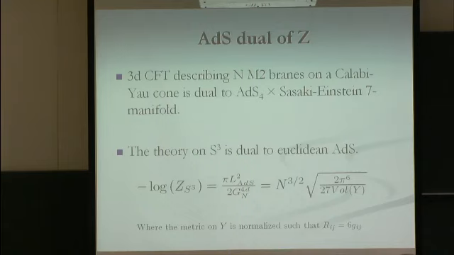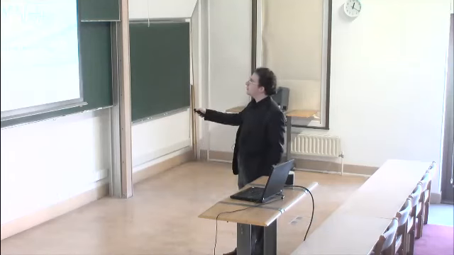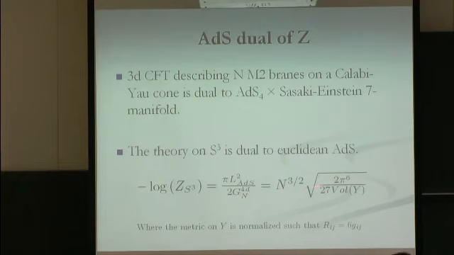And as I said before, the log of the S3 partition function is this simple expression, and you can calculate this in these geometries and get something like N to the 3/2 divided by the square root of the volume of the Sasaki-Einstein manifold. Morally, you can see how this dependence on the volume arises in a simple way. I'll say it later.